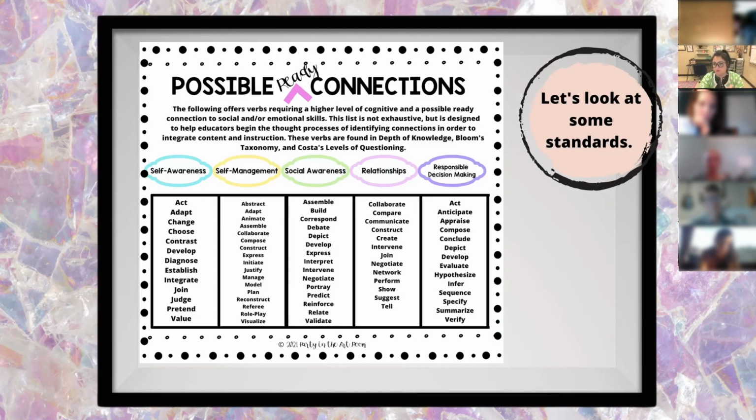So make sure you realize that, but I want you to see how this looks. I've got these verbs kind of classified by the SEL. So self-awareness, if the students are acting something, there's some level of self-awareness that they've got to have. So that might be a place where you could plug in. If your standard says act, blah, blah, blah, that's a place you could plug in some self-awareness.